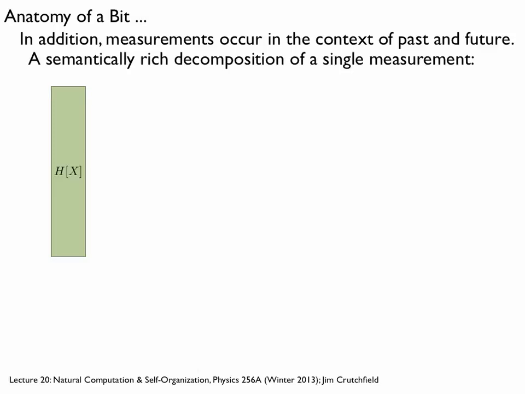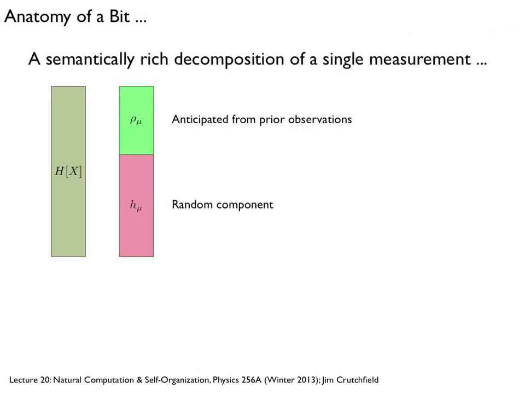Okay, so there's a first cut, and well, we're familiar with what h mu could be, the intrinsic randomness, and then there'll be a piece of the single symbol entropy which is anticipated from prior observations.